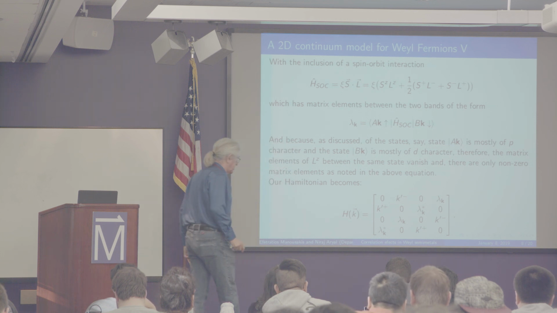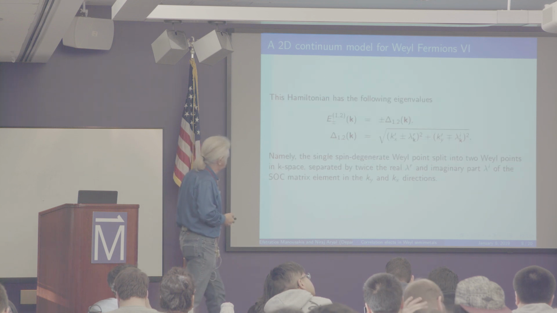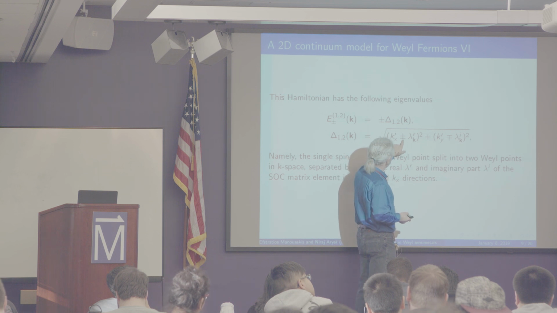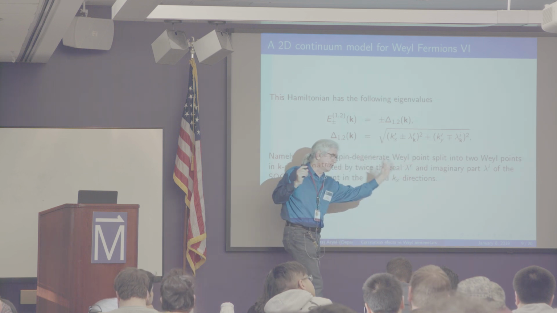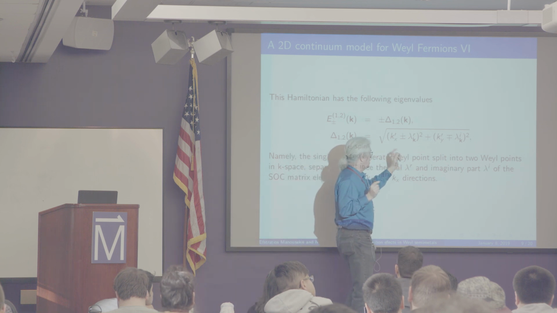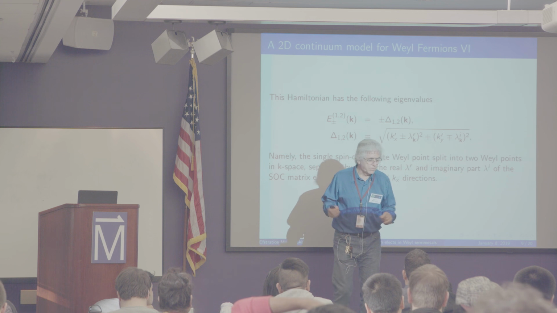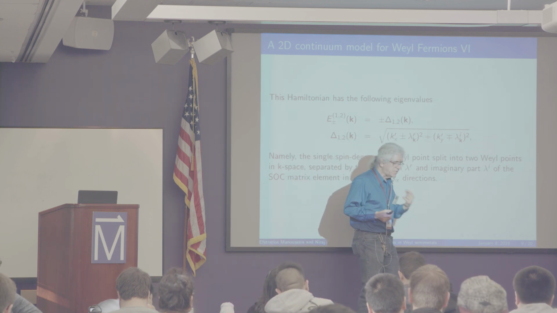I can do this, believe it or not. I can diagonalize this easily, and I just shift the Weyl points. From one Weyl point, there's the other one, but I'm only focusing on one. So that one now splits into 2. And the splitting is along the kx and ky direction.